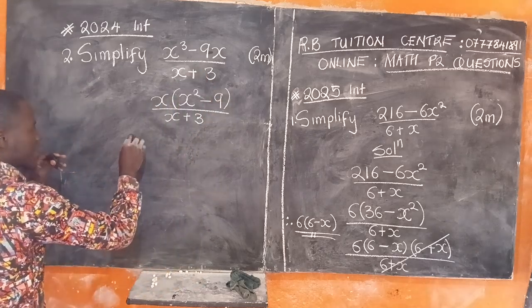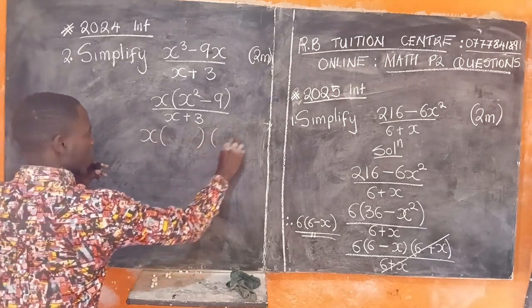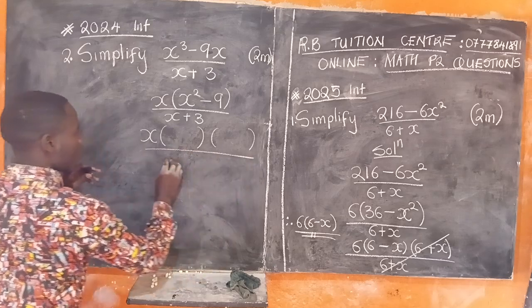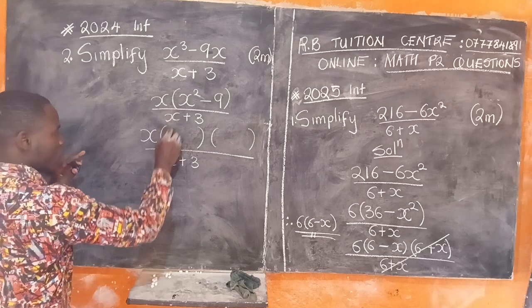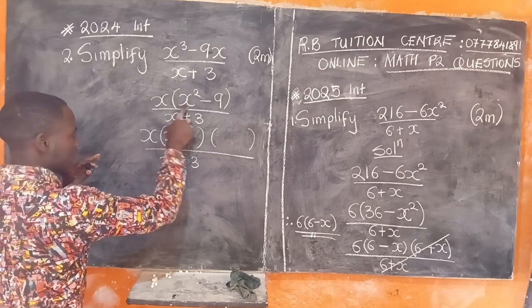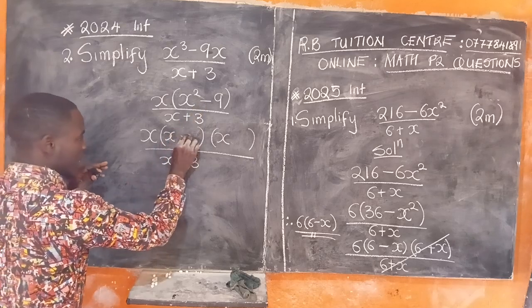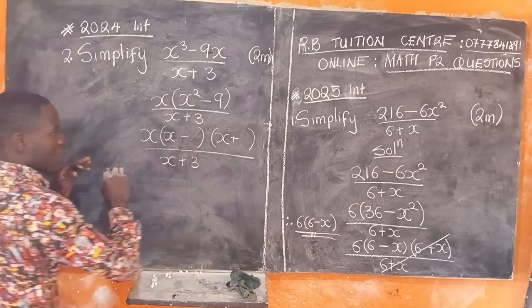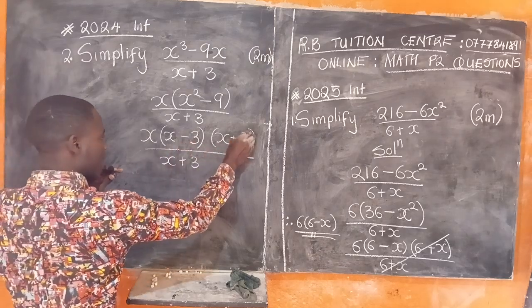Then, as I mentioned, we use the difference of two squares. We pick one x, and the other x is left this side. Here is minus, and here we have plus. What is the square root of 9? It is 3, and the square root of 9 is 3.